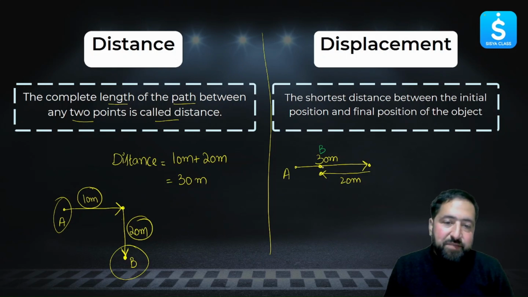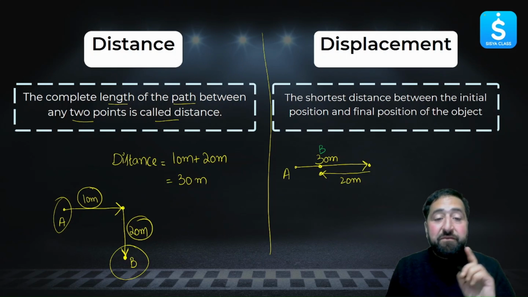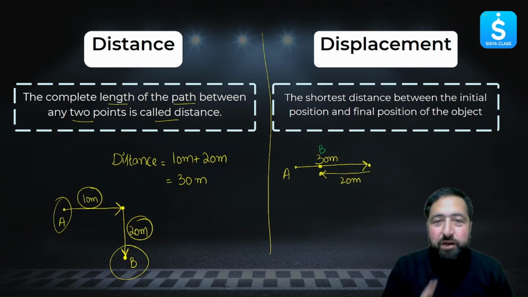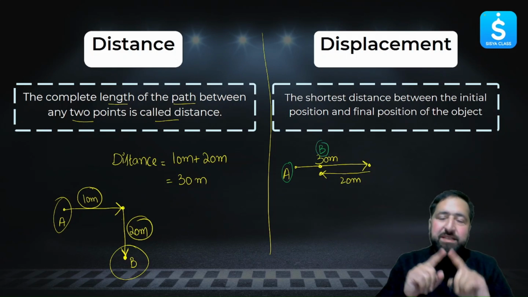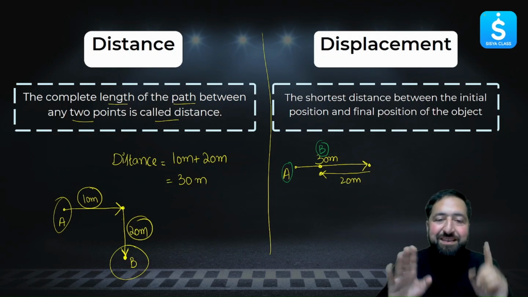first this body covered 30 meters. Then the body covered 20 meters. So the total distance, the total length it covered, is 50 meters. But what about the displacement? It is the shortest path between the initial and the final position. Which is our initial position A, which is our final position B. See, the shortest path is always the straight line.